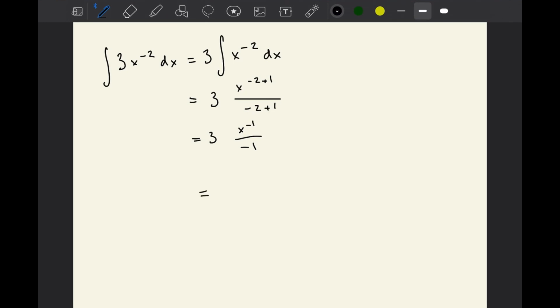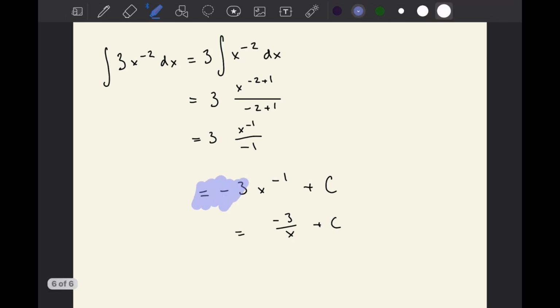That's going to give us 3 over -1, which is -3, x to the power of -1 plus c. Don't forget the c. This can also be written as -3 over x plus c, but in my opinion, whenever you have it written like this, it's easier. All right, so this is our answer here. All we had to do is take out this scalar, and we can do that.